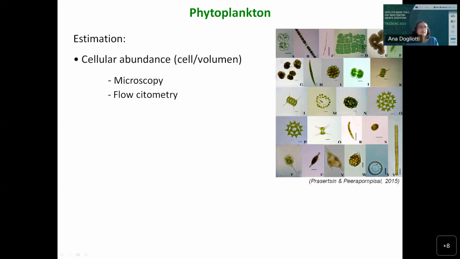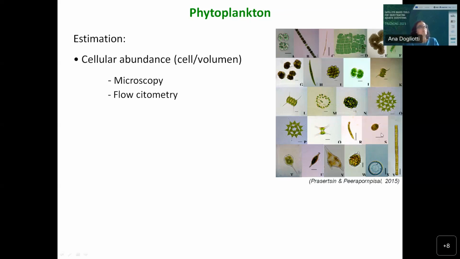So one way, I put here just pictures of different phytoplankton, so we can see the high diversity of cell shapes and sizes. We call it phytoplankton, but actually it's a really variable group. One way of estimating them is counting cells, so cells per volume: take a volume of water and count the number of cells. We can do it with microscopy, looking at the microscope, or flow cytometry, which is just a flow of water that automatically counts particles.